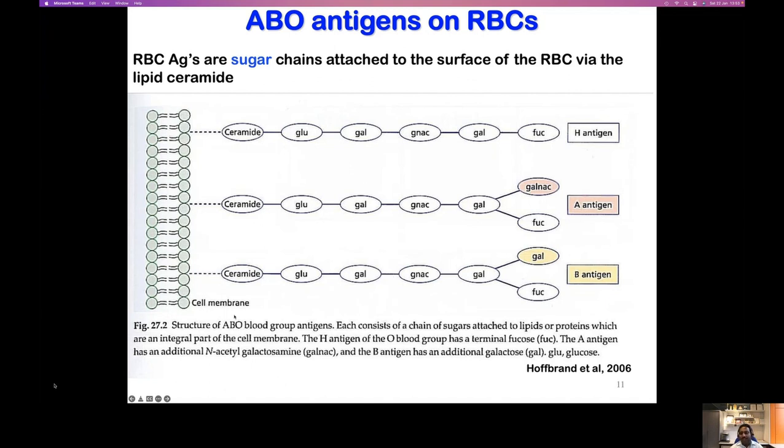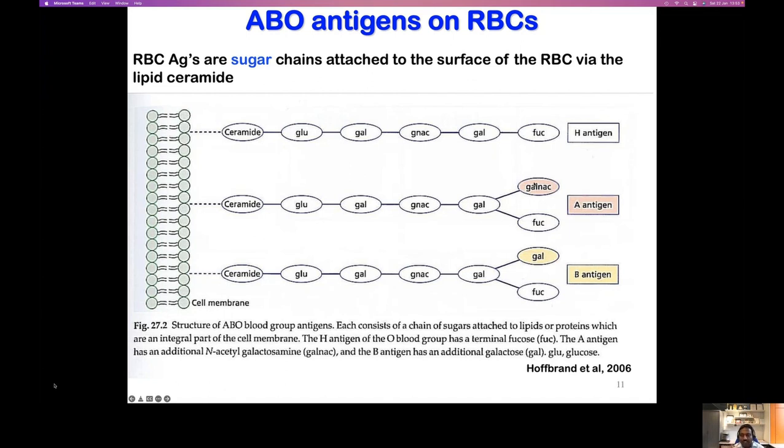In AB blood group, all of these will be there, but both galactose and N-acetyl galactosamine will be there. That's why they are called AB blood group. So try to remember this. O blood group has only fucose sugar at the terminal end, so we will not classify this as A or B or AB. That's called O blood group.